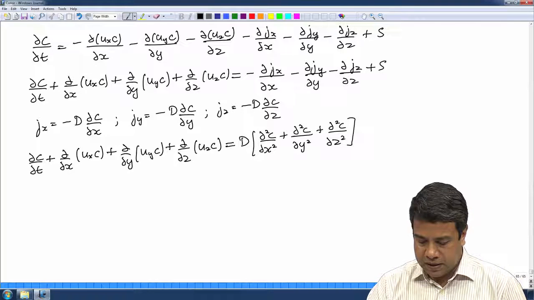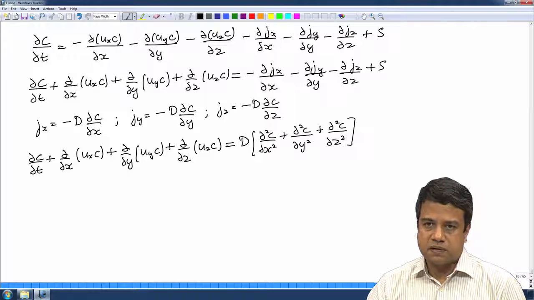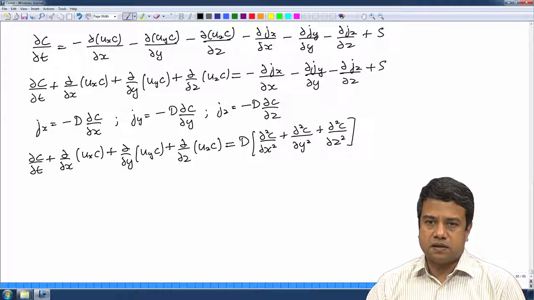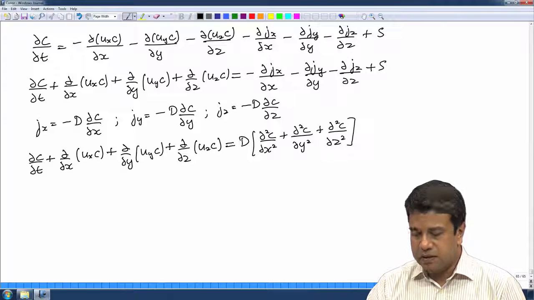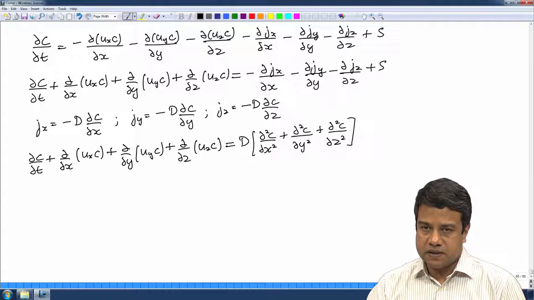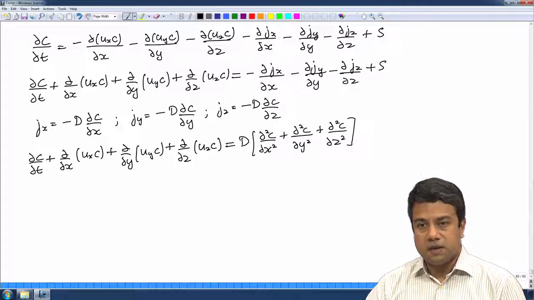For the temperature field, I would just substitute temperature instead of concentration and the thermal diffusion coefficient instead of the mass diffusion coefficient. That works provided the thermal conductivity and the specific heat and density, or rather the thermal diffusion coefficient, is independent of position.